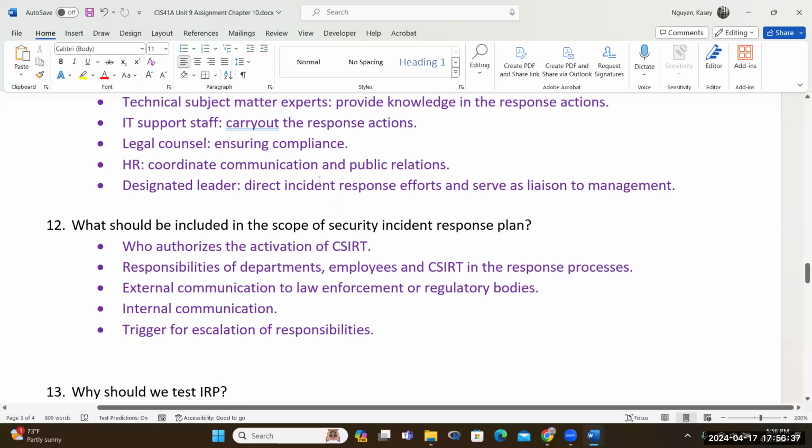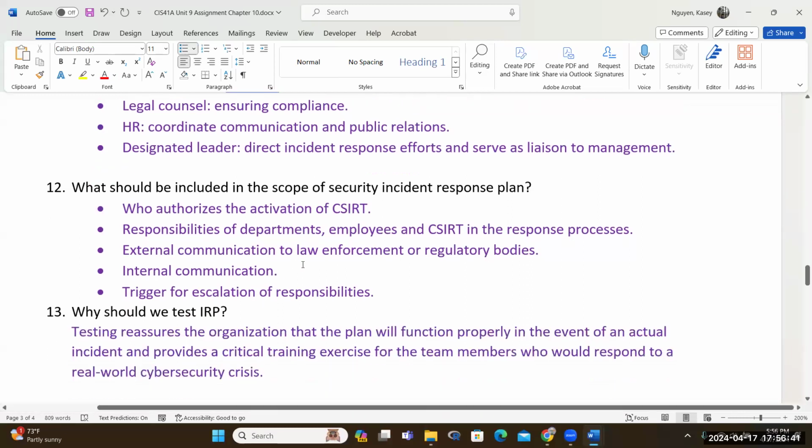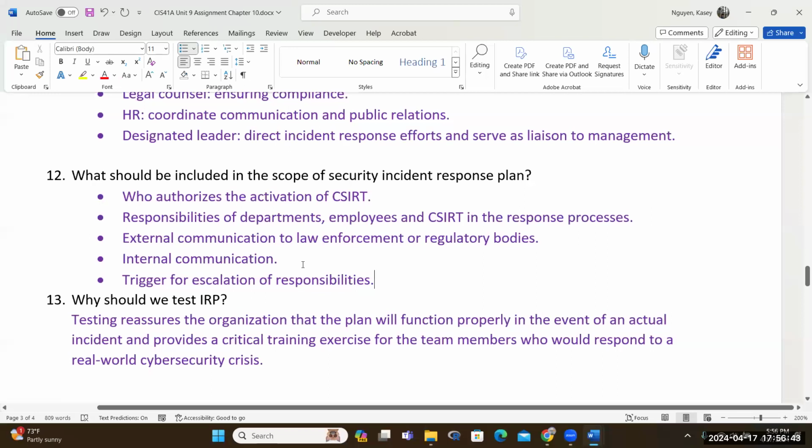We already talked about testing. So testing, the incident response plan is gonna make sure that it is functioning properly, right? Imagine that you have a fire extinguisher to prepare in case there's fire.